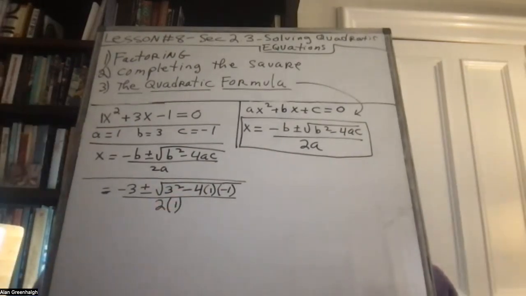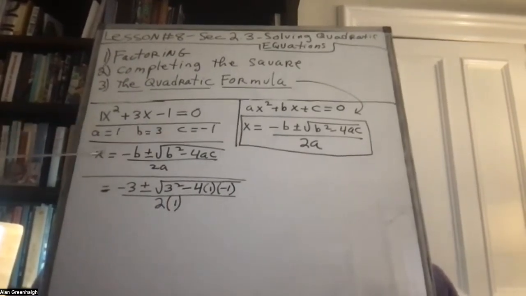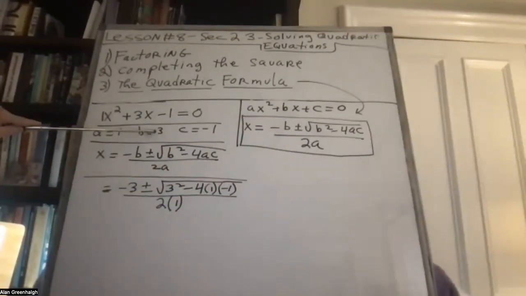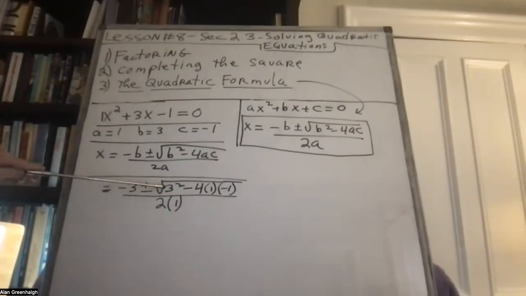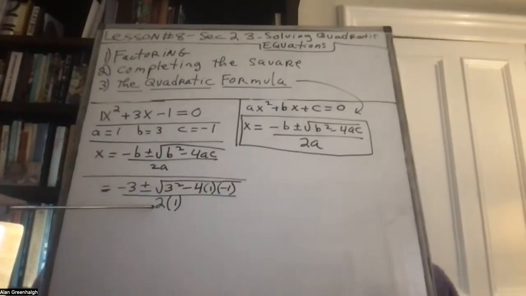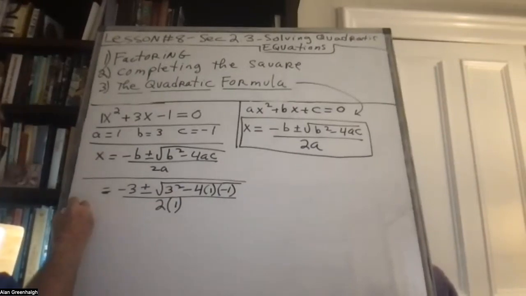So all I did in this problem so far was to take the coefficients and substitute them into the quadratic formula, and it's not a bad idea to check yourself to make sure you've done it correctly. And that's what I'm doing now. 4 times 1, C is equal to -1. Don't forget that. And then 2 times 1. Okay, and now you go through the steps.